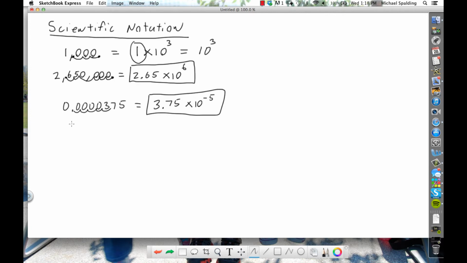Okay, so now let's do conversions, and that's going to be our lecture for the day. This is really where most of you need some review. Unit conversions. For example, let's take 5 feet and convert it into inches.